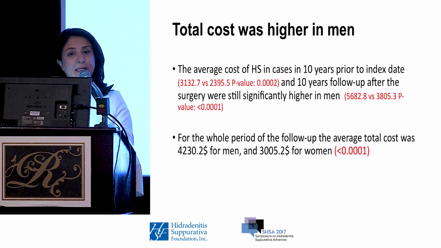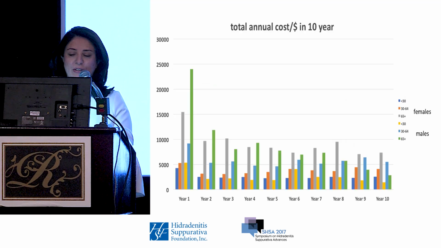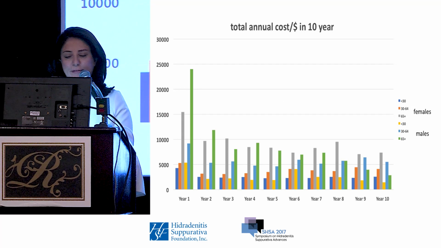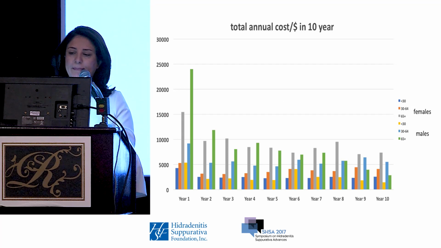Interestingly, the average cost of HS 10 years prior to surgery and after surgery was both higher in male patients. For the whole period of follow-up, the average total cost was 4,230 for men and 3,000 for female patients. And as you see here, for both male and female, there is a difference.